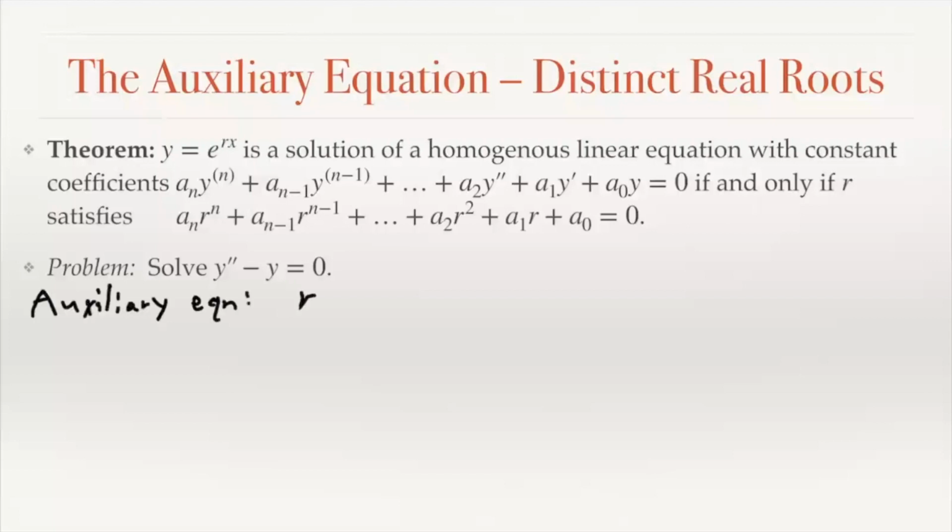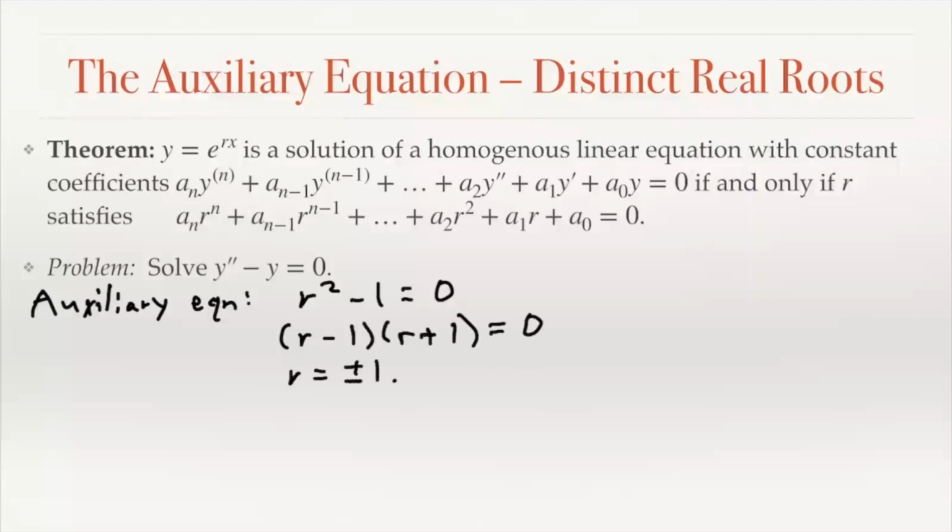The auxiliary equation here is r squared minus 1 equals 0, i.e. (r minus 1)(r plus 1). So r is equal to plus or minus 1. To be clear, e^(1x) and e^(-1x), those r values, are solutions.